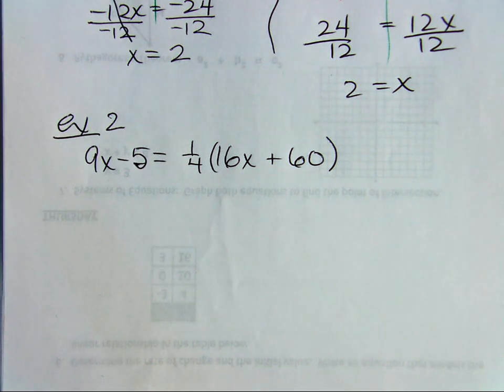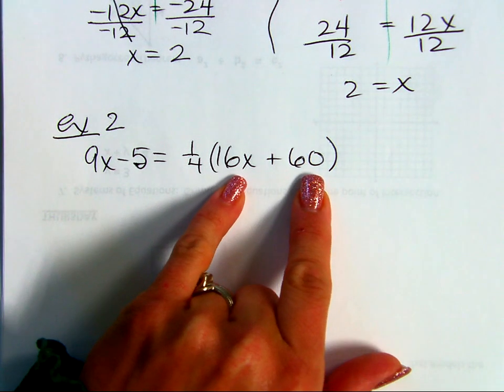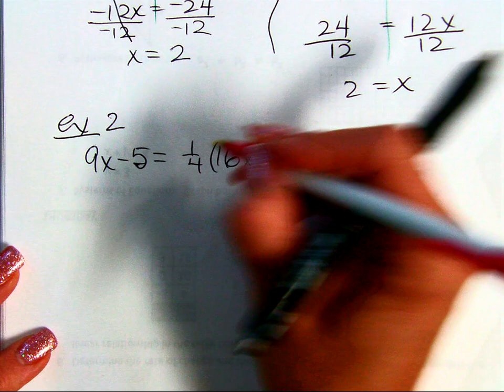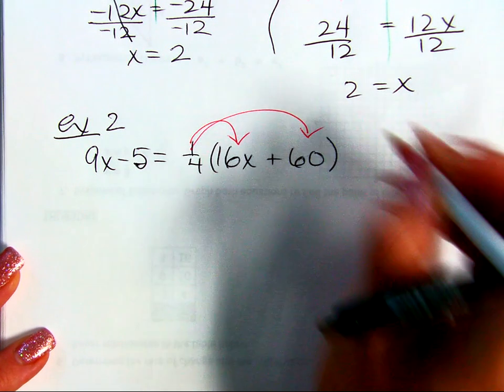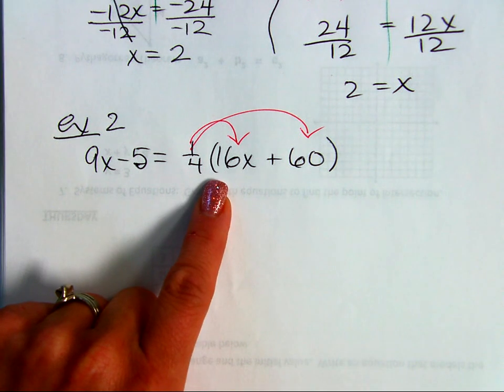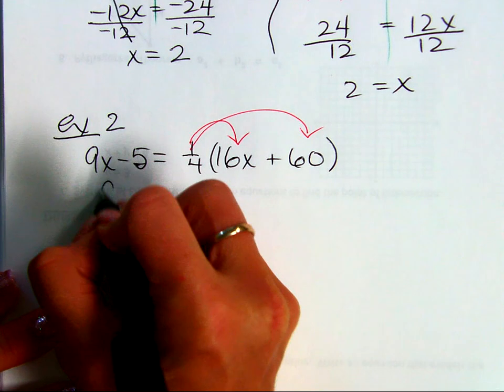When it's a numerator of 1, what does taking 1/4 of a number mean? It means divide by 4, right? And the people who wrote this textbook were so nice to give you two numbers that are multiples of 4, which means when you distribute and take 1/4 of both of those numbers, you will get a whole number. So in this case, you may want to say, I'd rather just distribute that fraction. Are you good with that?